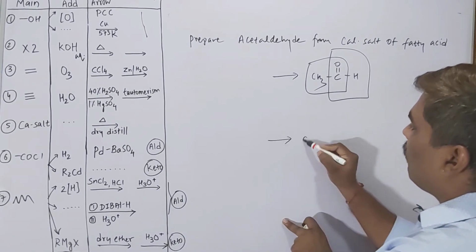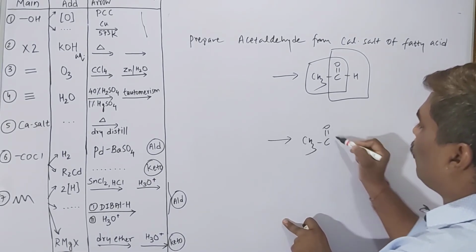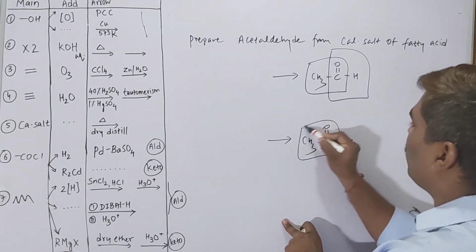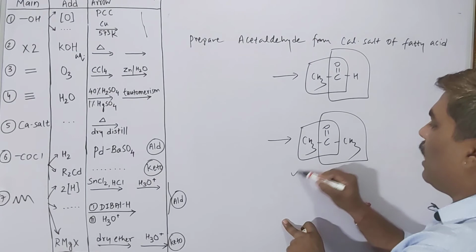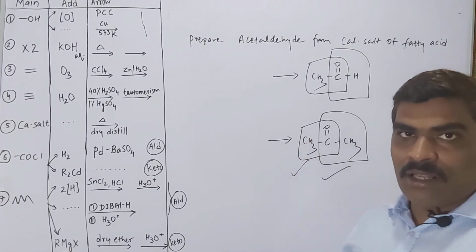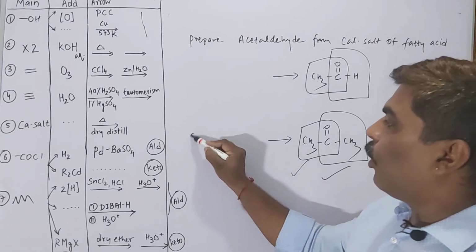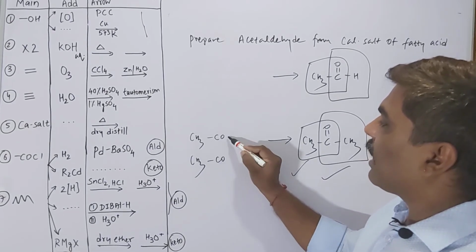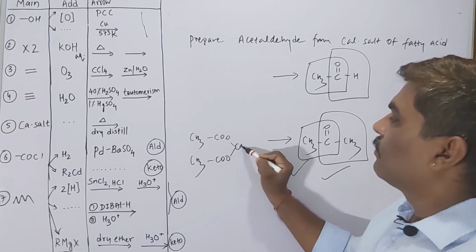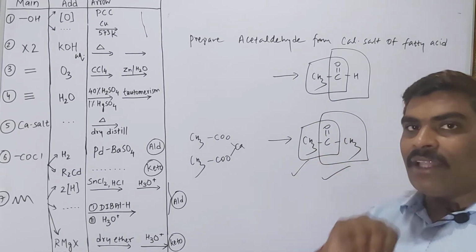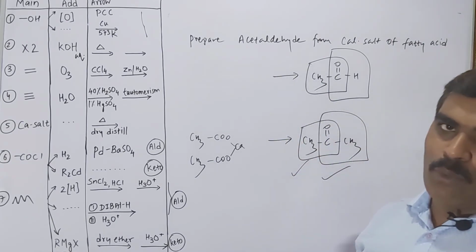Otherwise, when we prepared the ketone earlier, the two boxes were the same, symmetrical, so only one calcium salt could give it. But here two different ones are there, so two salts are required.